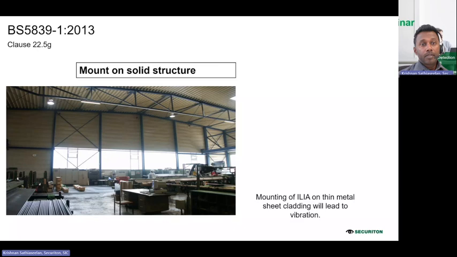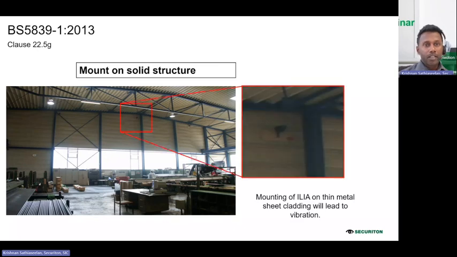And the important factor that we need to look into when you have open space, like in the picture, this is usually in a recycle plant as well. It is advised that you install on a metal sheet or cladding, which is to prevent any vibration.